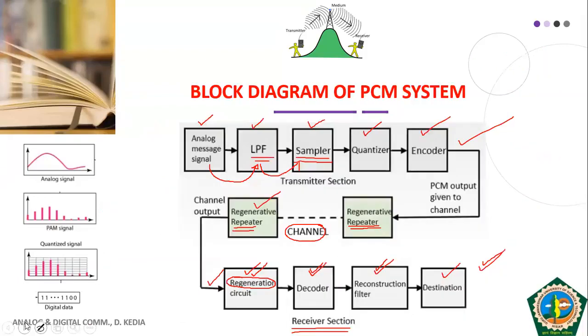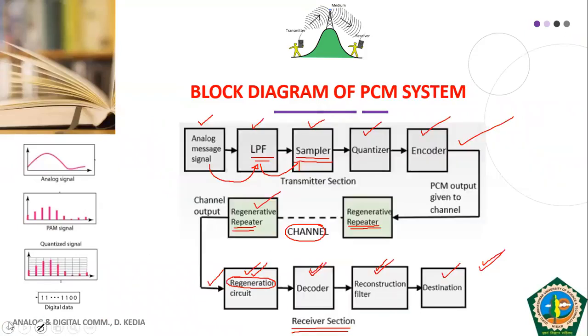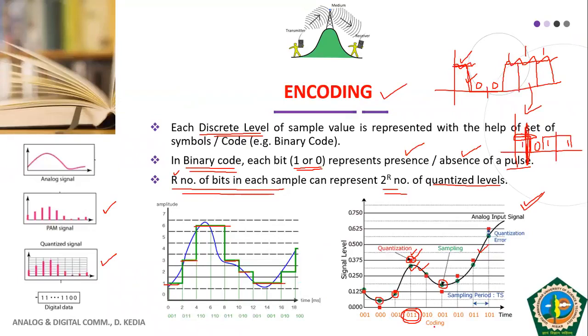After I have got those regenerated pulses, I am able to generate my code word. From the code word, I have to get back the quantized signal. That means I need to regroup my code to form a pulse so that the amplitude of that pulse is equivalent to my original signal. Say I have detected 011.